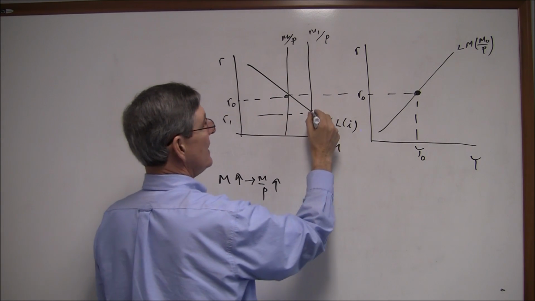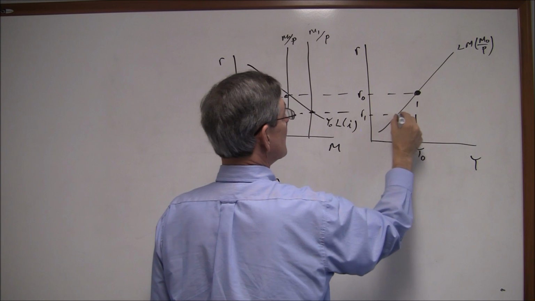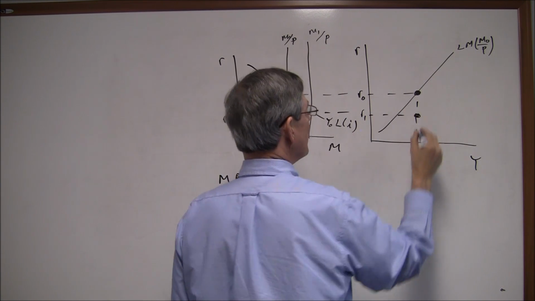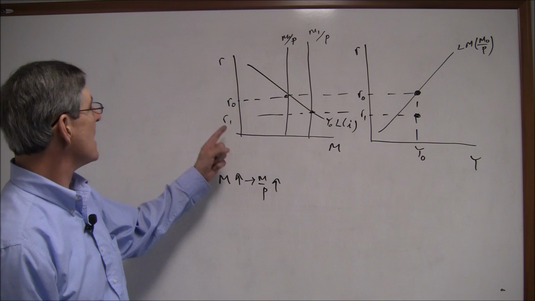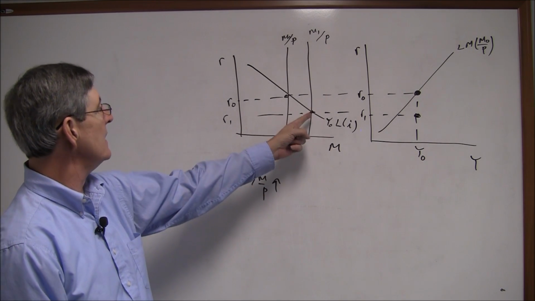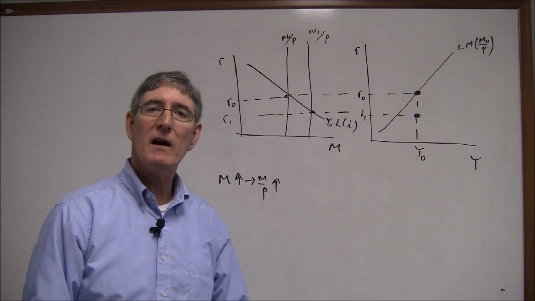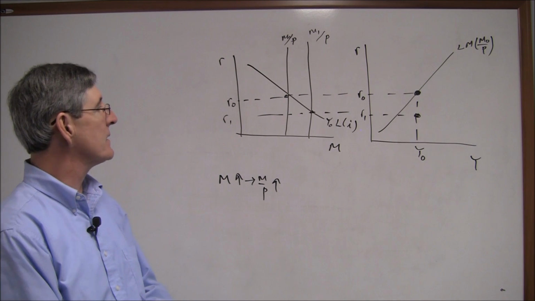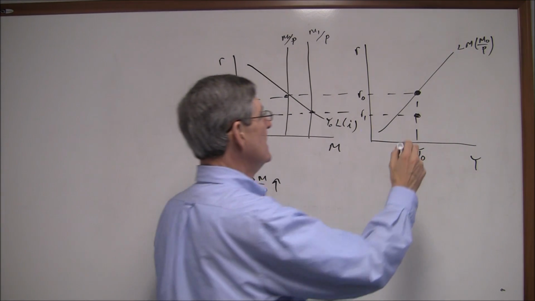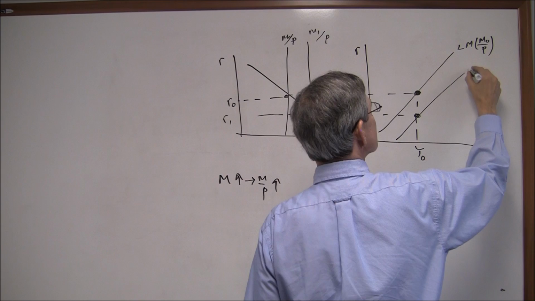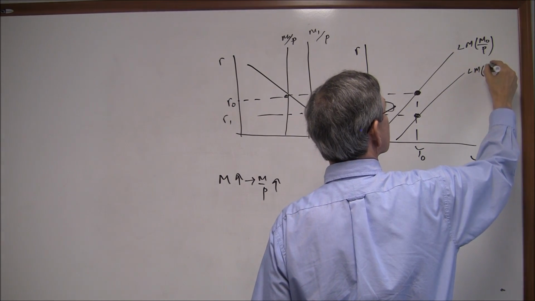Income hasn't changed. So now we're at that point right there. Well, that's a combination R and Y that's in equilibrium. It has to be on the LM curve, since that's what the LM curve is, all those points. So the LM curve must have shifted out.